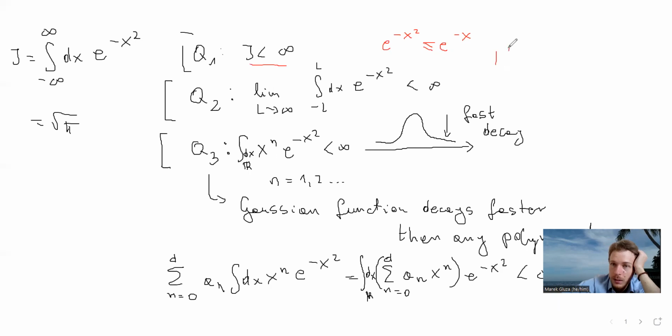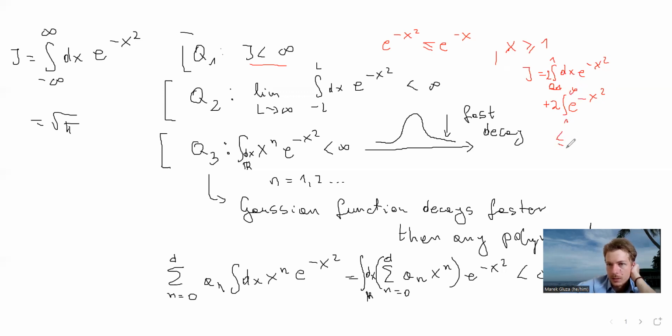Okay, so for x larger or equal than 1, I can split the integral I into the integral from -1 to 1 dx e to minus x squared, and then all the other summation. Because it's symmetric, we can go from 0 to 2, and then plus 2 times the integral of e to minus x squared from 1 until infinity.